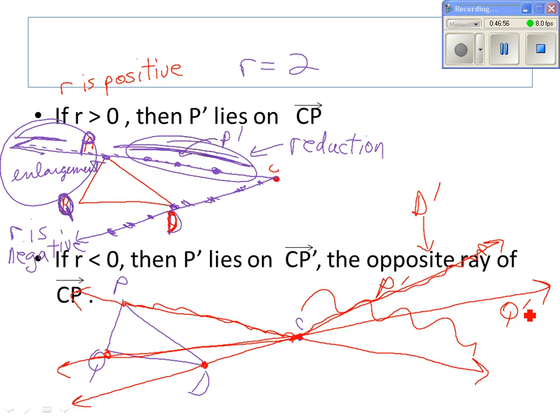Now, when you have a negative, let's look at this. P prime is on this one, not that one. D prime is up here. Q prime is here. Somewhere on those rays.